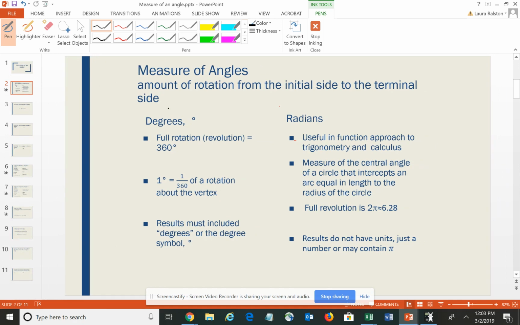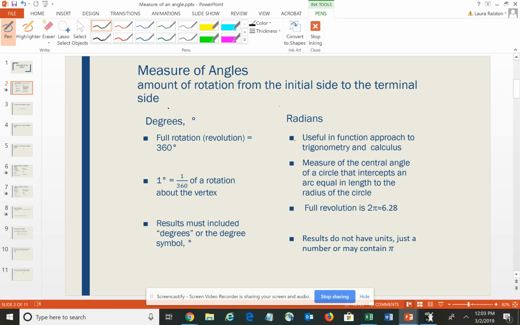There's a separate video that explains the definition of a radian, but the formal definition says it's a measure of the central angle of a circle that intercepts an arc equal in length to the radius of the circle.